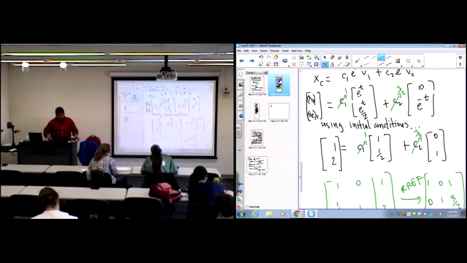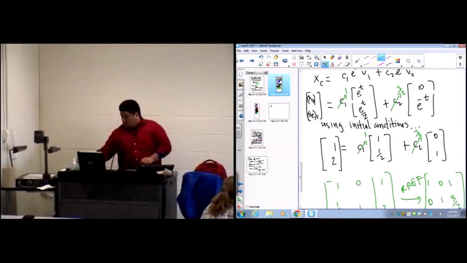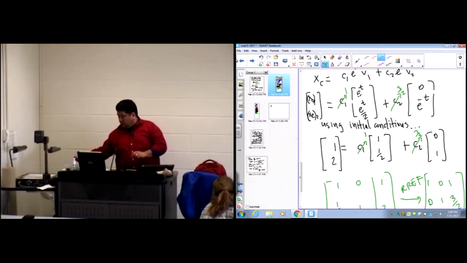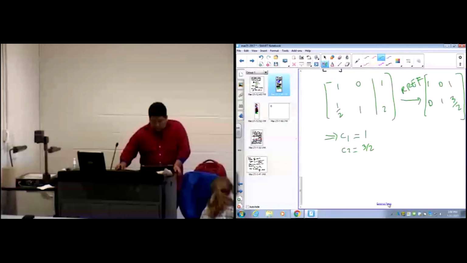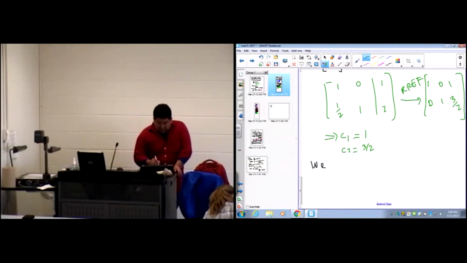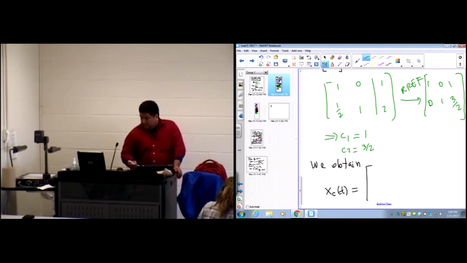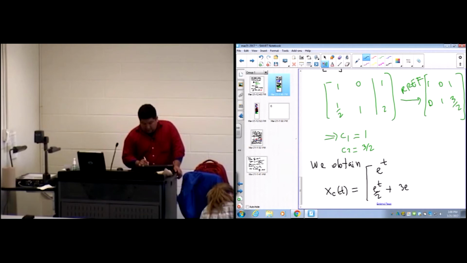The second entry looks a little more involved, but after doing this substitution, we obtain that the complementary solution of the homogeneous system becomes e to the t for the first entry, e to the t over 2 plus 3 e to the minus t divided by 2 for the second entry.